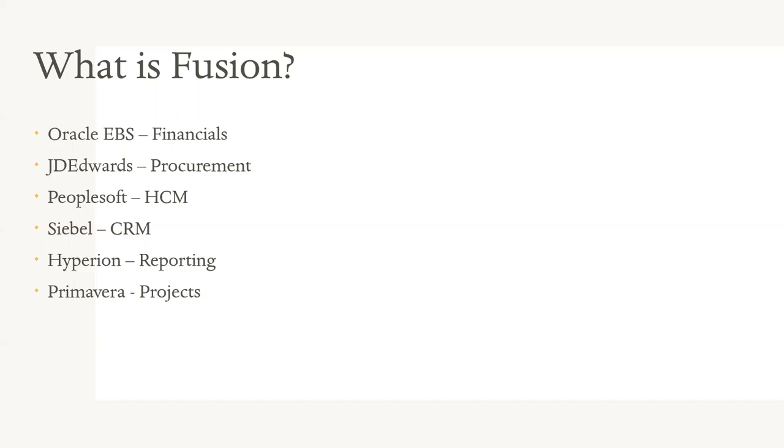So I'll just give the theoretical point of view of this Hyperion budgeting, but I'll not go in depth with this Hyperion part. Okay. And then Primavera is used for projects. So this is what Fusion application is all about. This is how Oracle has come up with various developments and procurements, and they came up with the Fusion application.